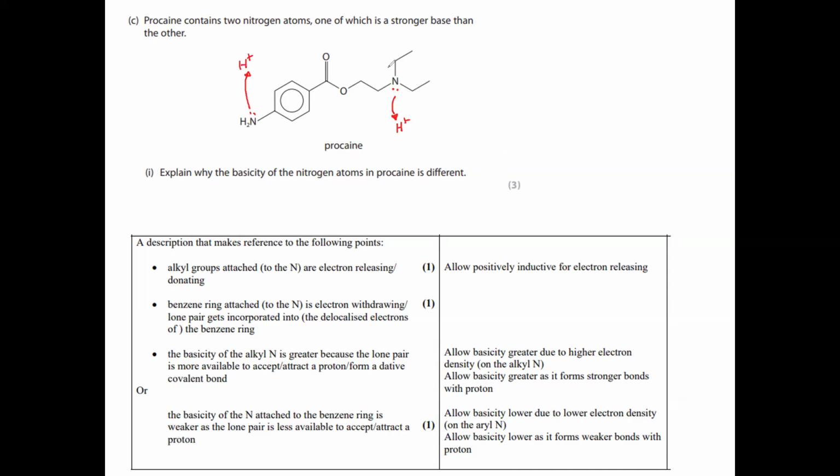I can see that there are two nitrogens, one here and the other one here. First I am going to write: one nitrogen atom is attached to two alkyl groups.